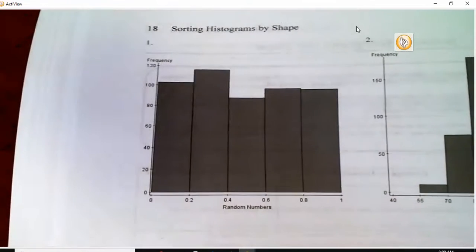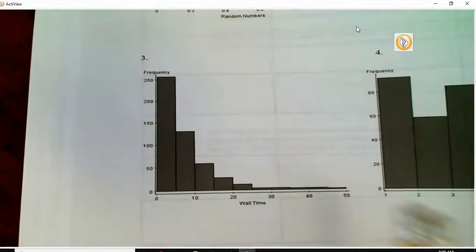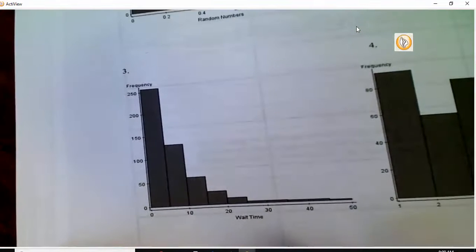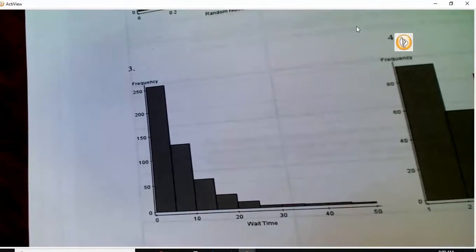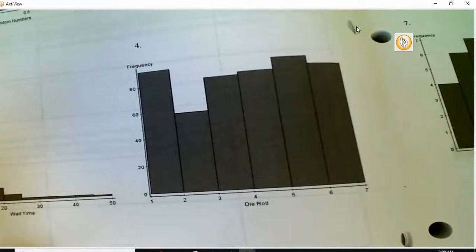What do you think this one would be? Uniform. Uniform. Mostly bell-shaped. Good. Which way is it? Right. Yeah, the way the tail extends is the direction it's skewed. So it's skewed to the right because I've got points trailing off on the right.